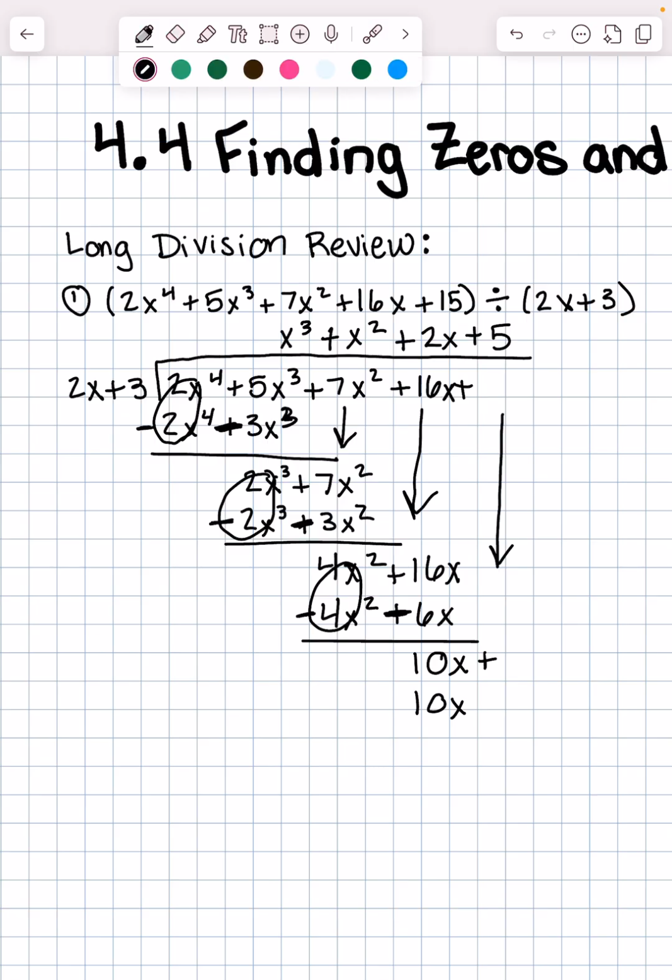So that should be plus 15, and then we drop down this plus 15. My bad. So then we're taking this 5 times this 3 to get 15 again. There, this is going to work out much better now. And then we're subtracting this, and then we get 0 and 0. So my final answer is this up here. Okay, so that would be my polynomial final answer.